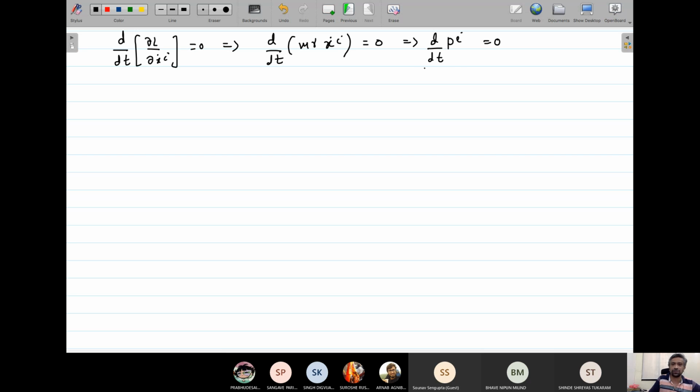This is what we expect for a free particle, where p^i is mγẋ^i. Since dp^i/dt equals 0, you have conservation of 3-momentum.